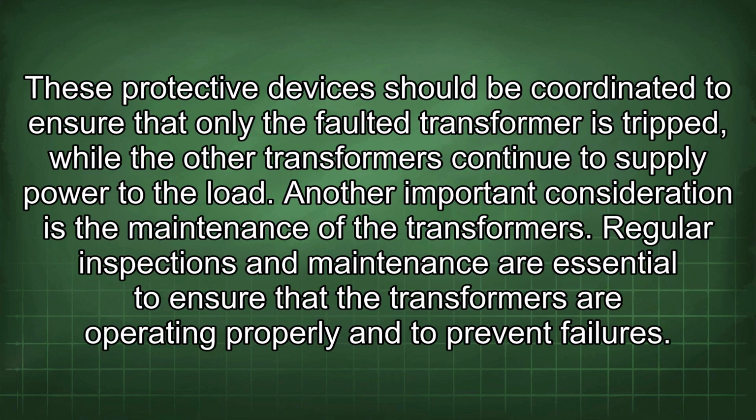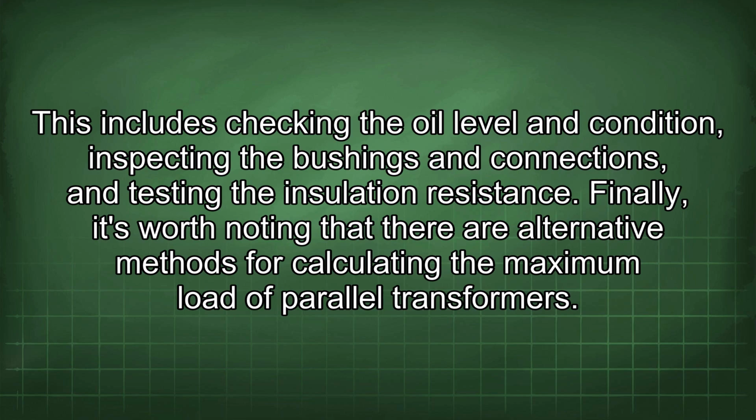These protective devices should be coordinated to ensure that only the faulty transformer is tripped, while the other transformers continue to supply power to the load. Another important consideration is the maintenance of the transformers. Regular inspections and maintenance are essential to ensure that the transformers are operating properly and to prevent failures. This includes checking the oil level and condition, inspecting the bushings and connections, and testing the insulation resistance.